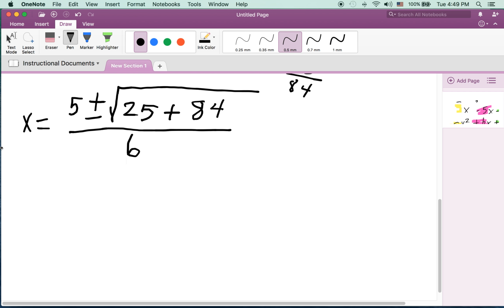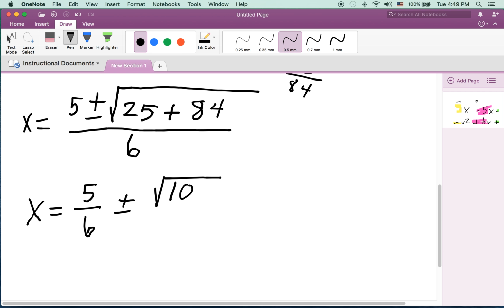So 25 plus 84 is 109. So we know that our two roots are as such.